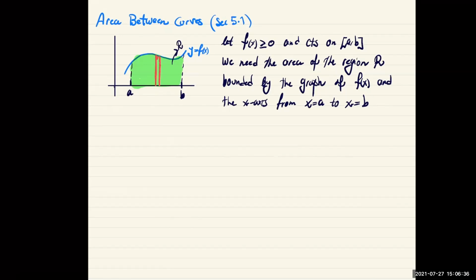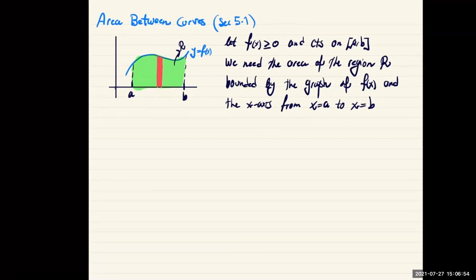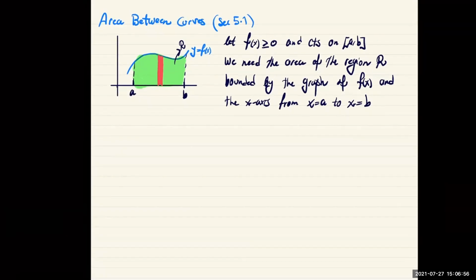I am kind of exaggerating the width of this rectangle, but it is chosen so that its width is extremely small, infinitesimally small. Call this width dx, or delta x.